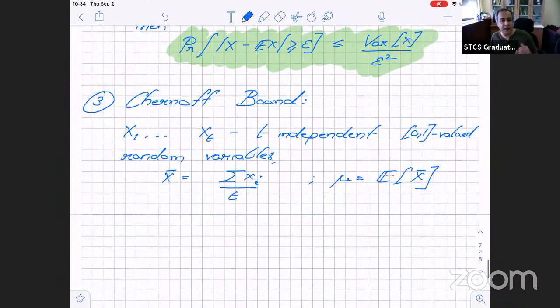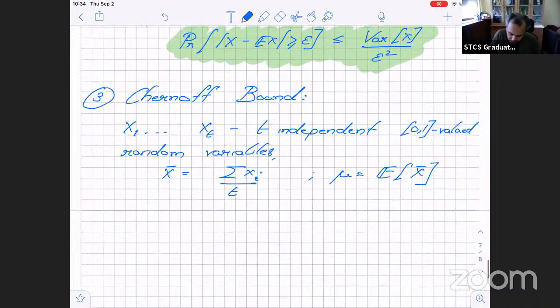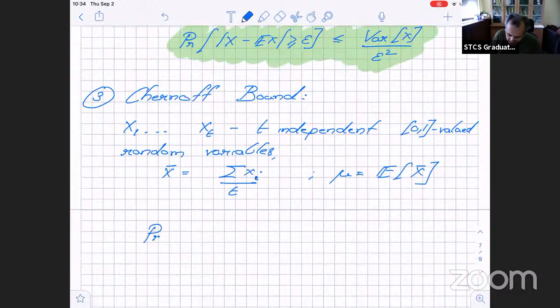X bar is an average, but it is also a random variable, and mu is the mean of this average random variable. What we want to ask is the probability that X bar deviates from its mean by more than epsilon.